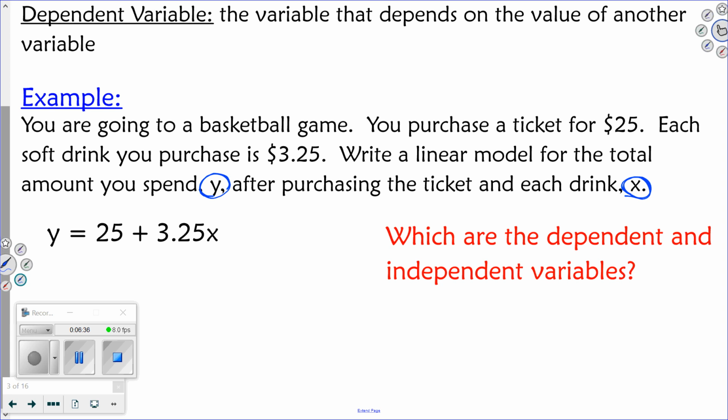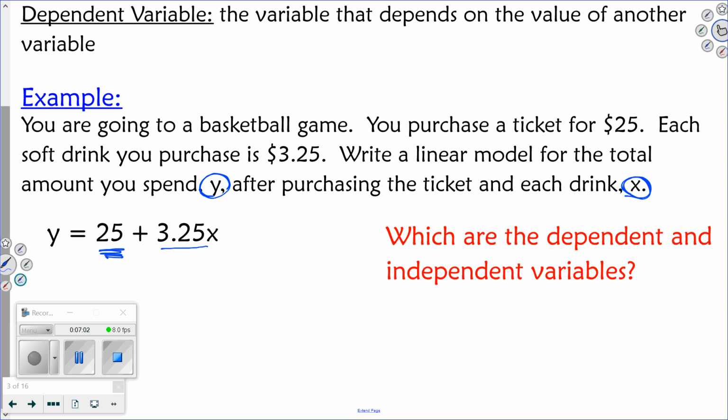Okay? So if I look at my equation, take a look. It says I'm going to a basketball game. I purchase a ticket for $25. Why is there no variable attached to the $25? Good. That's not changing, right? I'm going to the game. I bought a $25 ticket. It's just 25 bucks. That's it. So it's $25 plus, because I'm adding on to my total cost. I spent the 25.